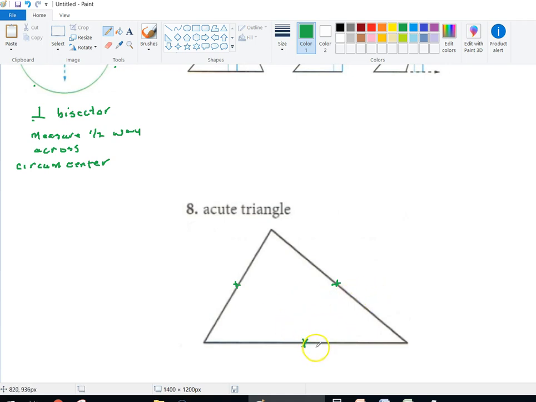From there, you will draw perpendicular bisectors. I'll label it just to be able to identify it better for you. Here is side AB. I'm going to draw a perpendicular bisector. I put my compass right here on this line. So you line up your compass, find 90 degrees, it'll be about here, and then draw a line.